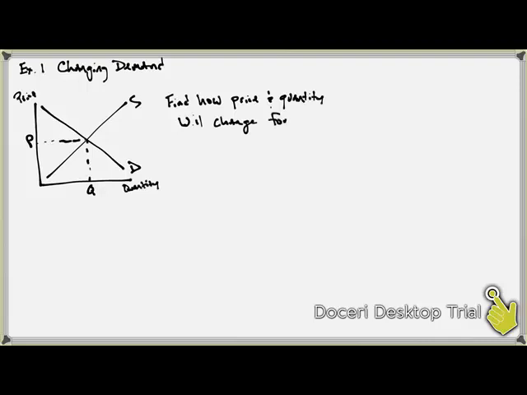Oh, we love Doritos. When consumer income increases.